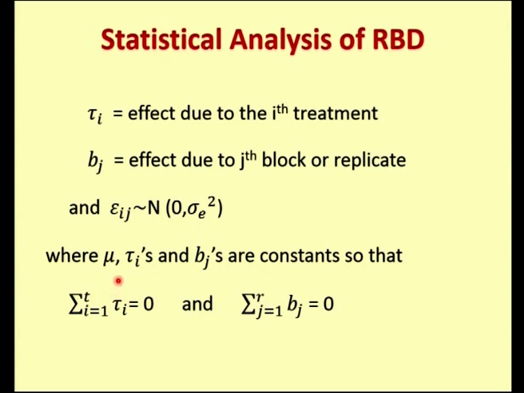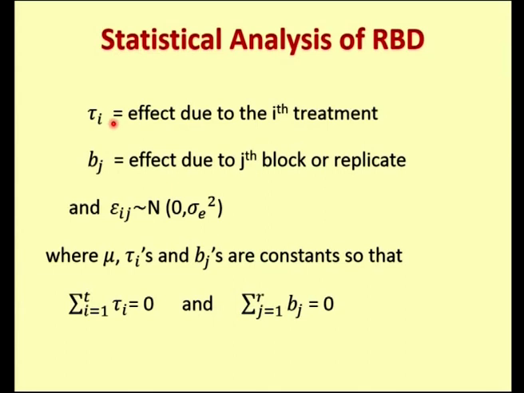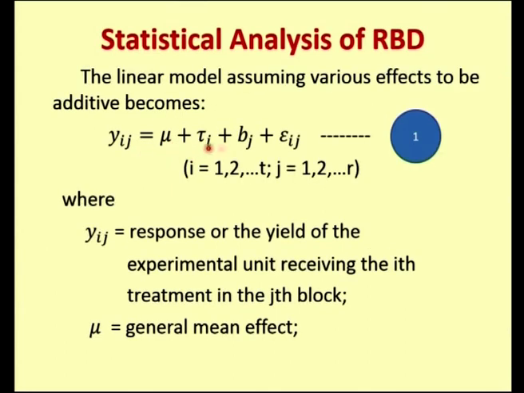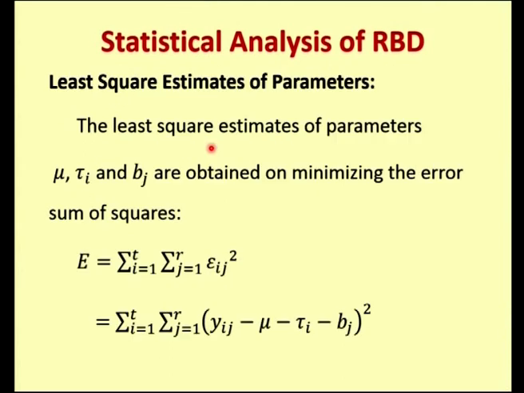The constants mu, tau_i's and B_j's are subject to the conditions that summation tau_i is equal to 0 and summation B_j is equal to 0. And now let us estimate the parameters mu, tau_i and B_j as least square estimates.